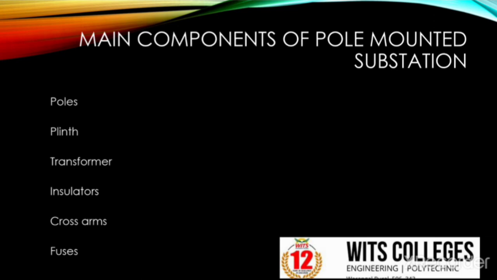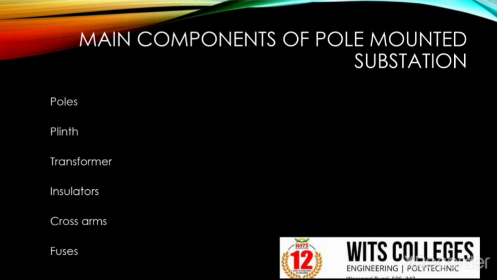The next component will be the cross arm. Different sizes of mild steel cross arms are used to erect disc insulators, like we use horn gap fuses, the operating switch and cross arms.